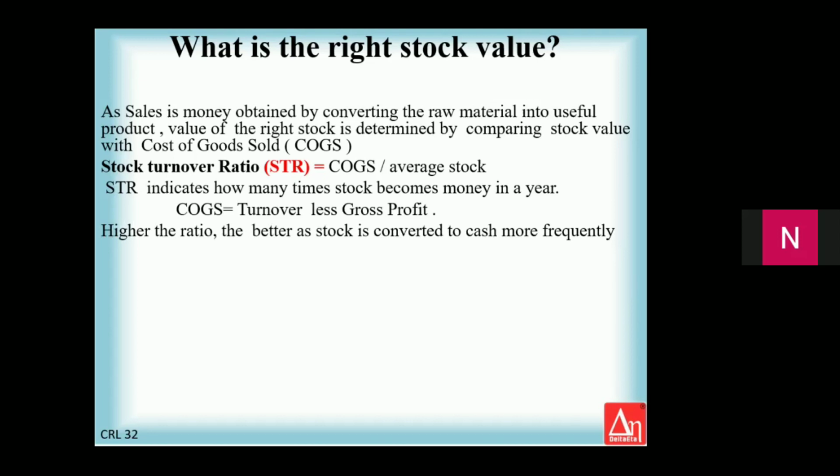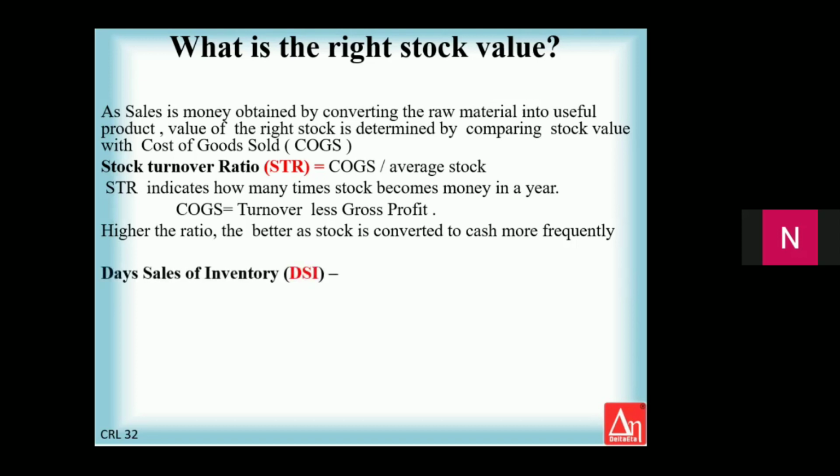If the stock turnover ratio is 10, it means that in a year, you are getting the stock converted into money 10 times. If the stock turnover ratio is 5, it means that in a year, your stock is getting converted into money 5 times. So this is the stock turnover ratio.